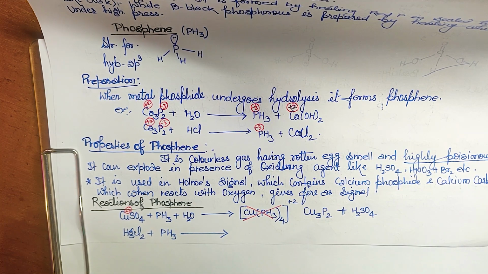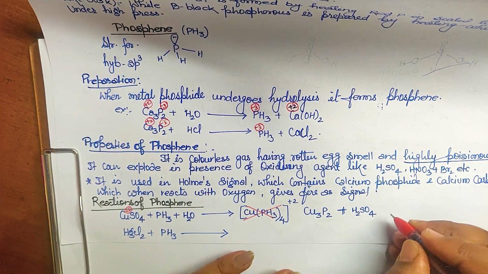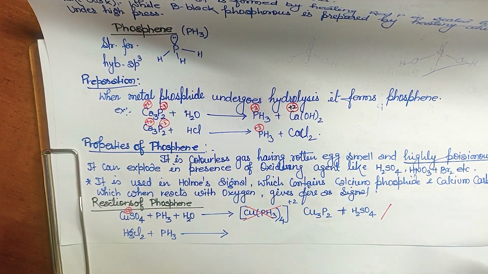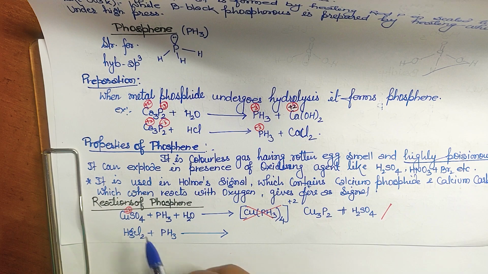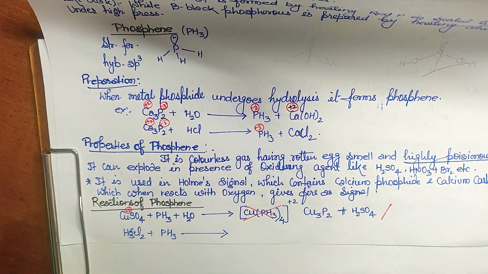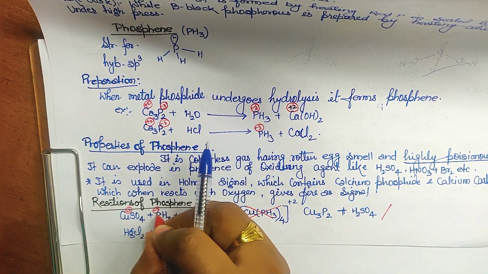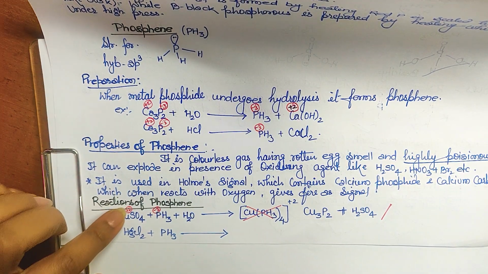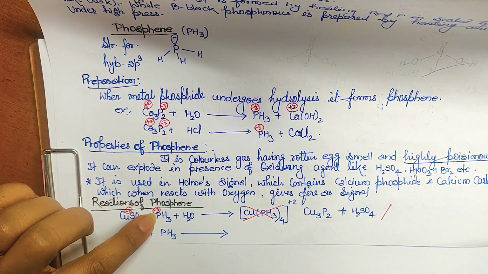Got it? So this is the no-change condition. No oxidation number changed. In some books you can get another product also. What can the other product be? See, copper is in its maximum state and phosphorus in phosphine is in the -3 state, its minimum state.